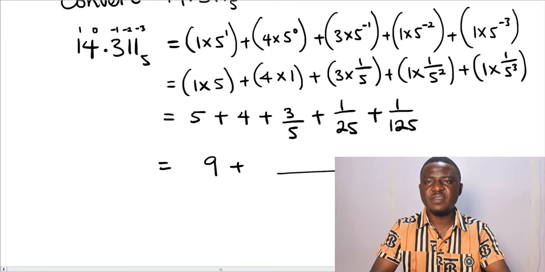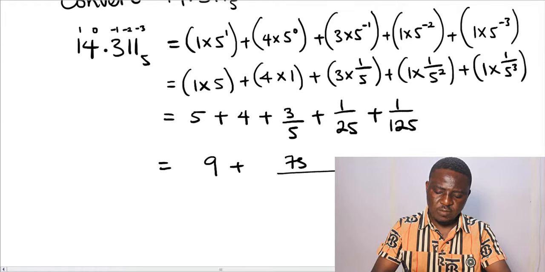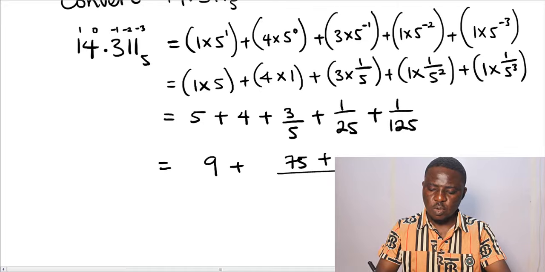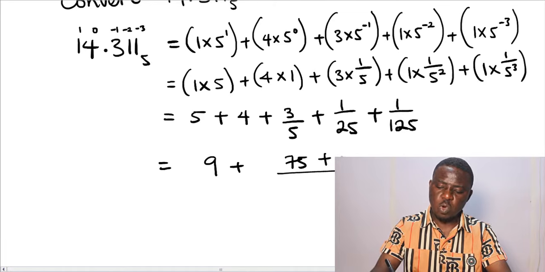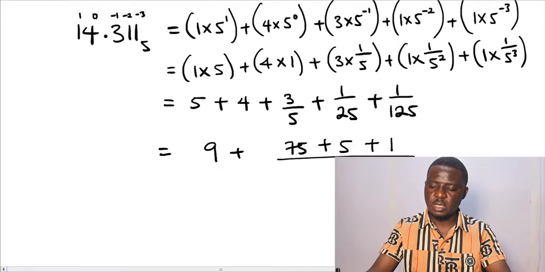125 divided by 5 is said to be 25, and 25 times 3 is said to be 75. So this is 75 plus 125 divided by 25 is said to be 5, and 5 times 1 is 5, plus 125 divided by 125 is said to be 1, and 1 times 1 is 1.